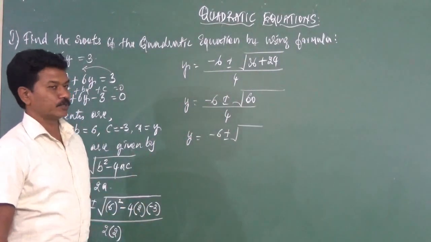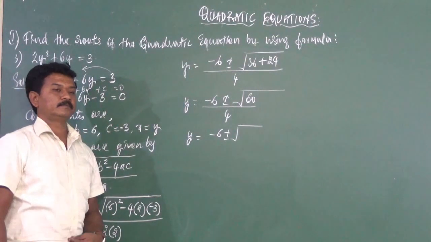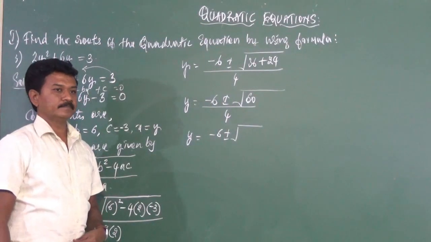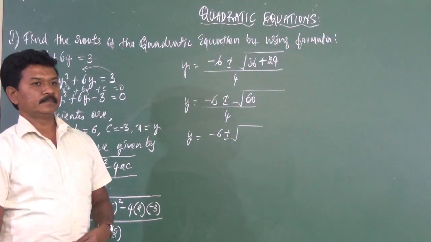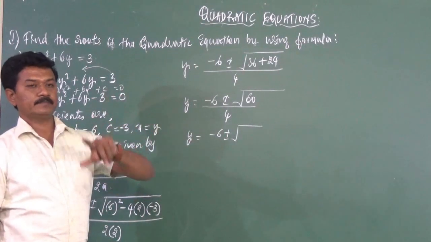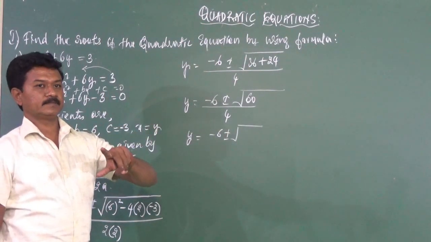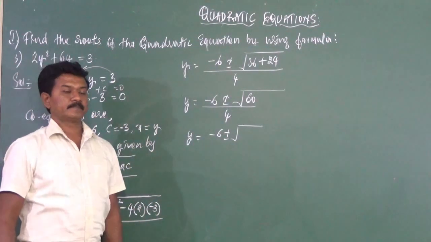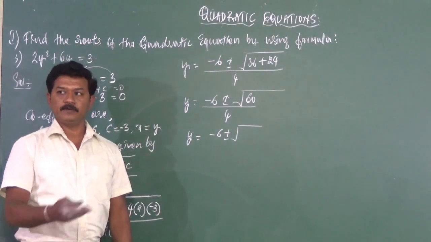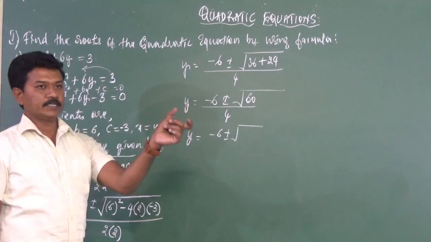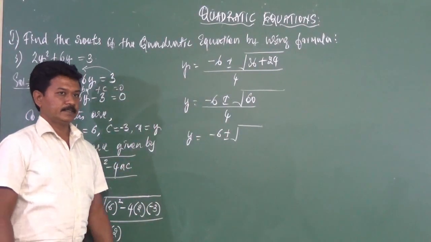So which particular number suits? 12 5s are 60. 12 can be written as 4 into 3. 15 into how many times gives you 60? 15 fours are 60. So one of the choices, because 15 into 4, 4 is the perfect square. This is how you have to choose.